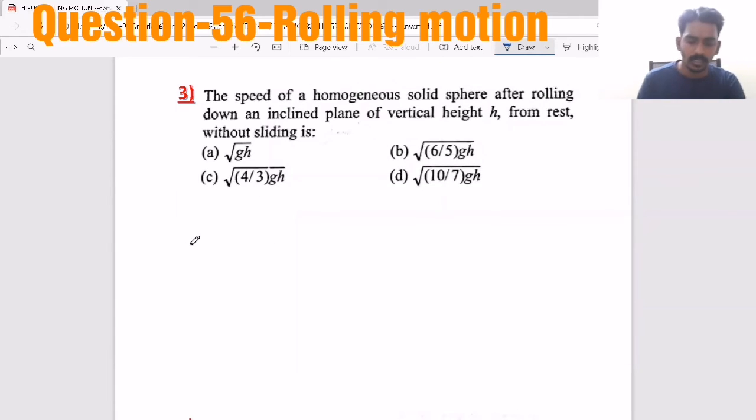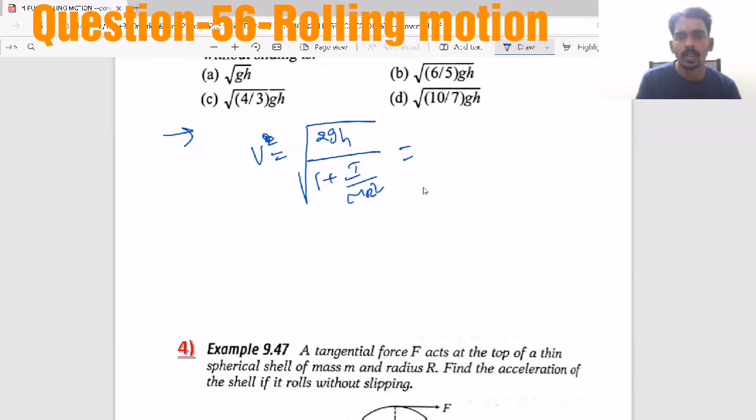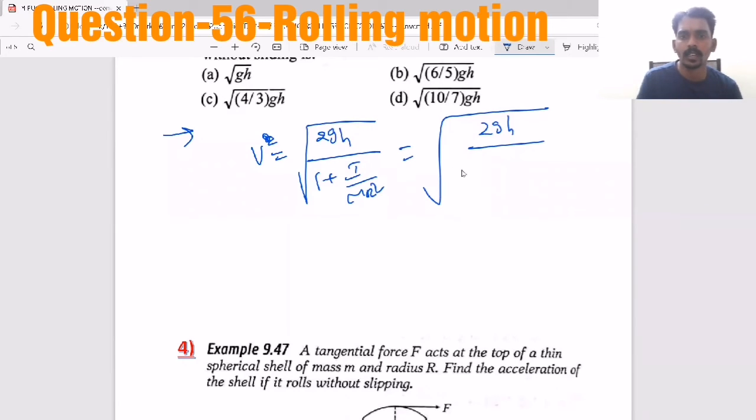Now the next thing: the speed of a homogeneous solid sphere after rolling down an inclined plane of vertical height h from rest without sliding. Again the same, v equals root of 2gh by 1 plus I by mr square, equals under root 2gh by, here for a solid sphere the moment of inertia is 2 by 5 mr square, so mr square cancels.